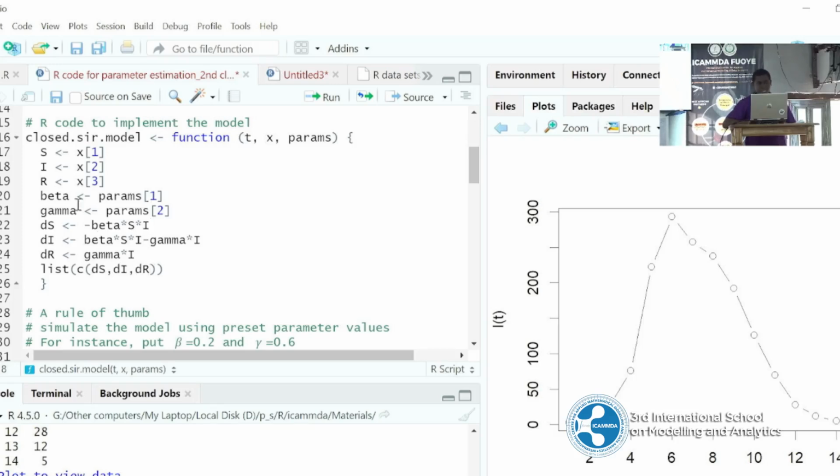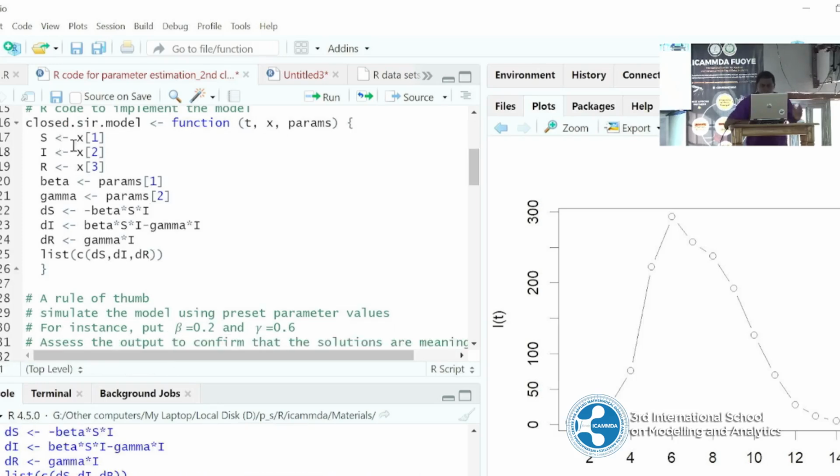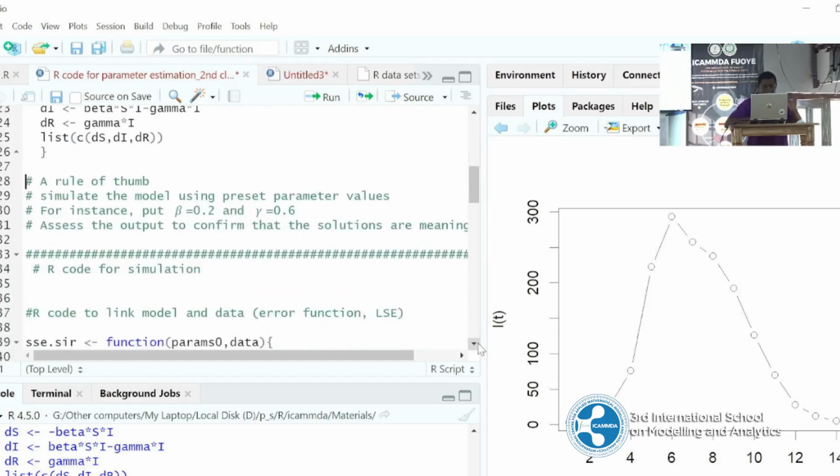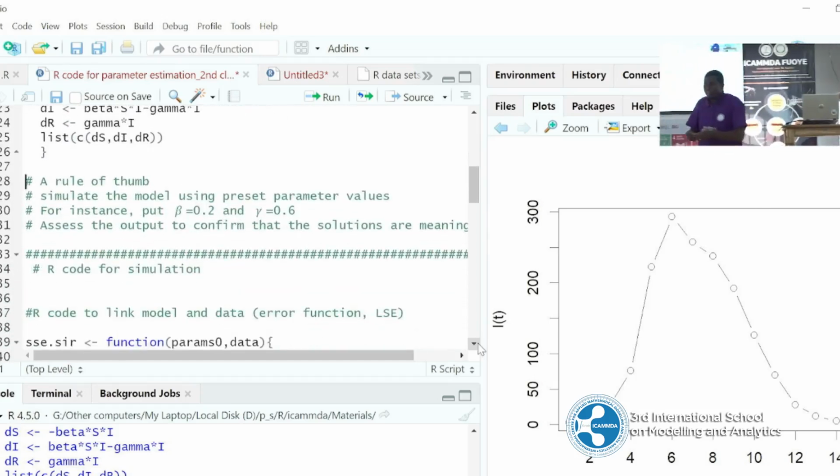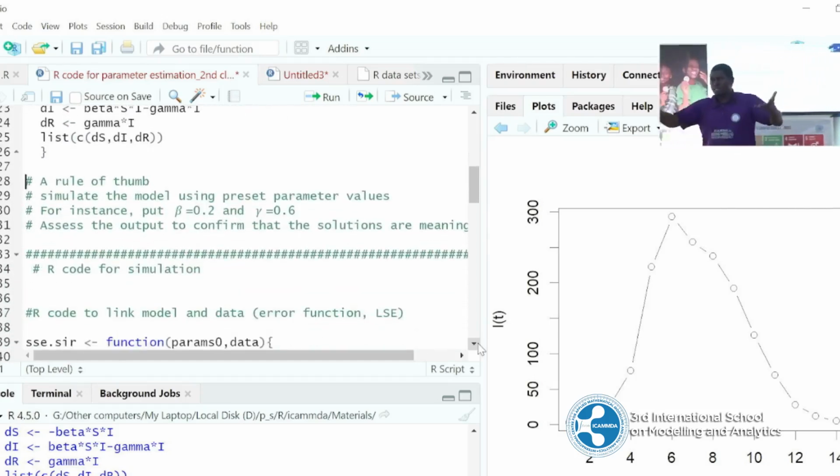Is that okay? So once I run that model, I've only run the model. It's the same thing that we do when you supply, for instance, ax plus b. When you supply ax plus b, you have not said anything apart from specifying that this is the general function that I want to use, right? So in this case, I have just specified the general function, which is the model.